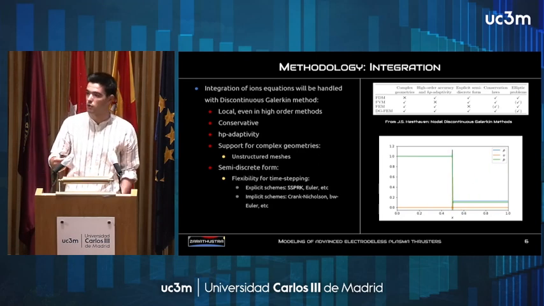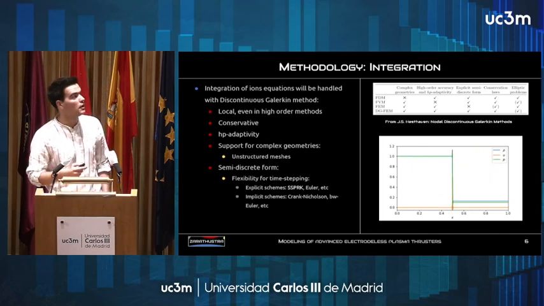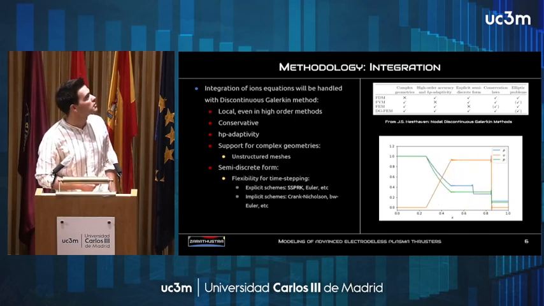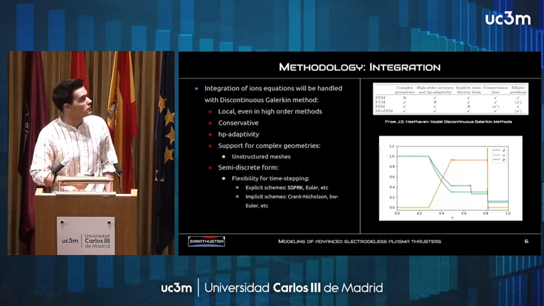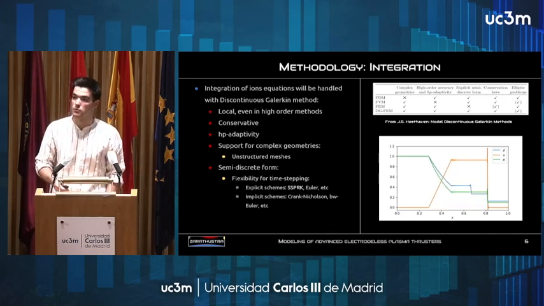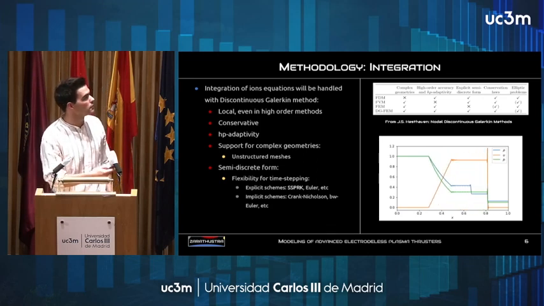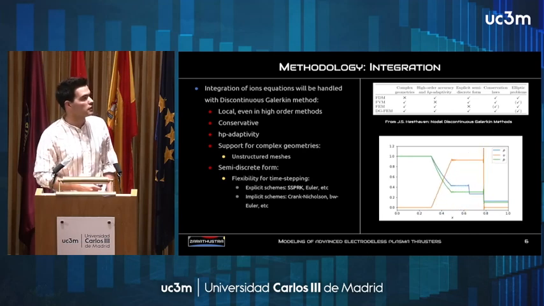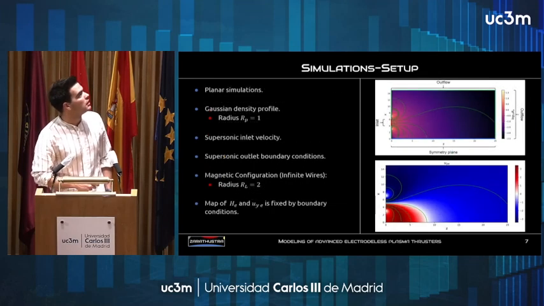We can refine both by refining the mesh and also by using higher order elements in the discretization. And also, one advantage is that it allows us to have a semi-discrete form, so we can discretize in time with whatever scheme we see fit. Usually we're using a Runge-Kutta time-stepping algorithm.